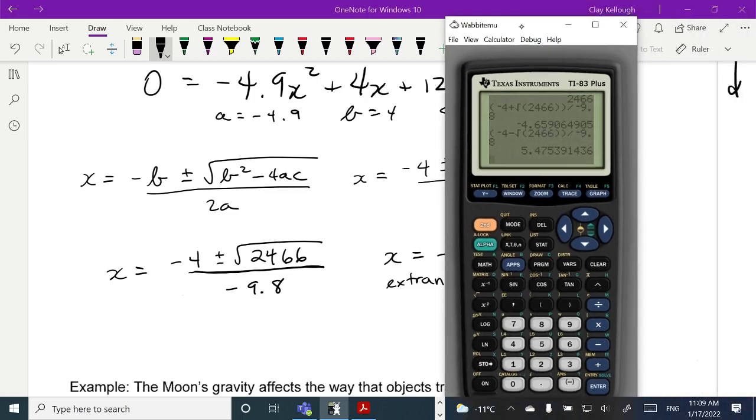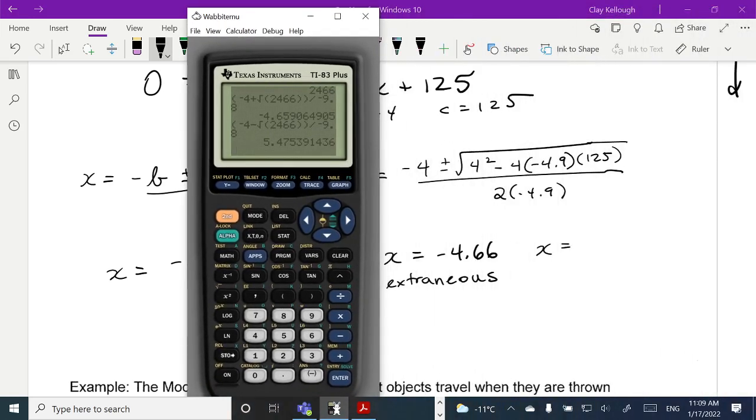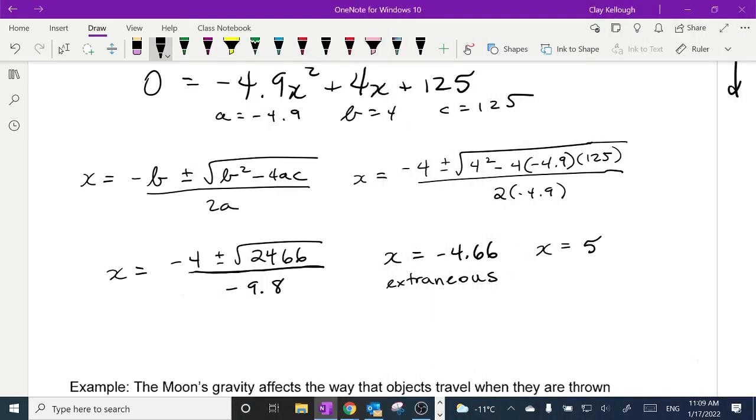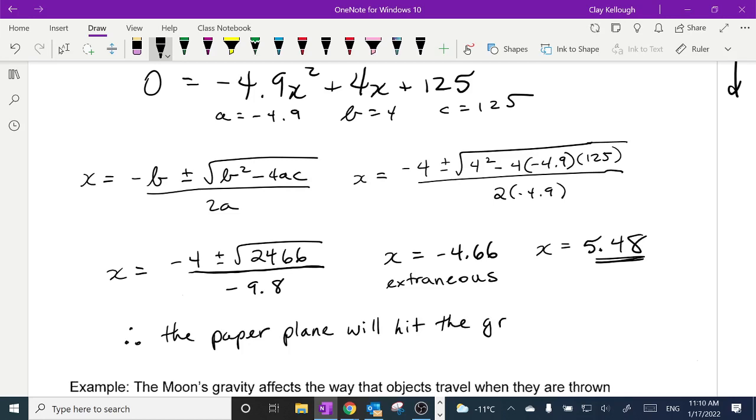I think this is the one we want. 5.48 is the right answer. So I would say, therefore, the paper plane will hit the ground in 5.48 seconds.